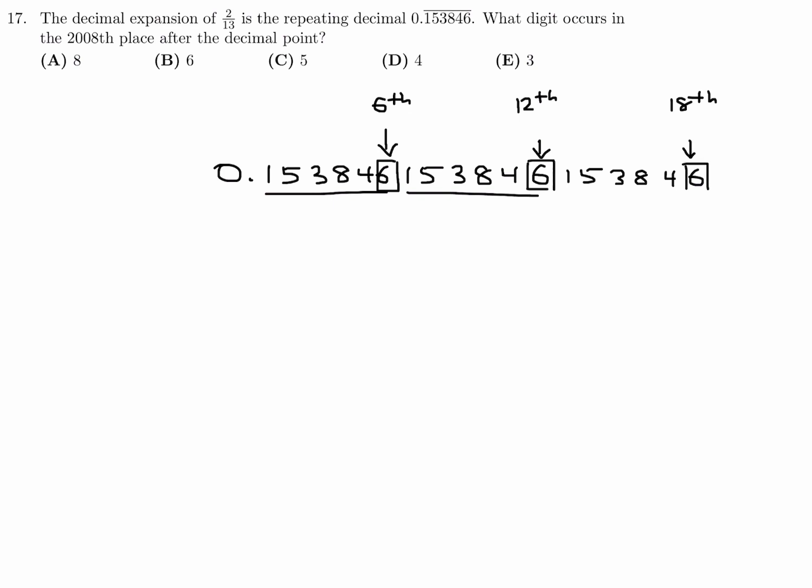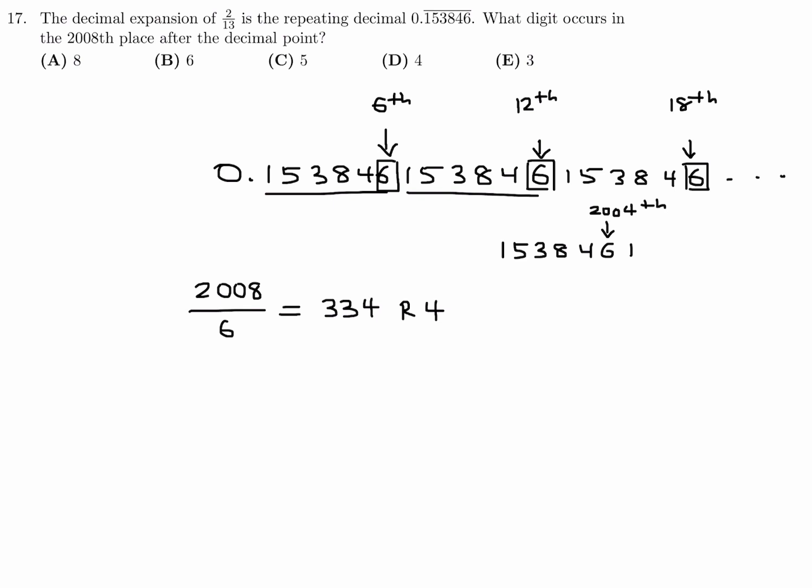So what I have to do is figure out, first and foremost, is 2008 a multiple of 6? If it is, that digit will be a 6. 2008 is not a multiple of 6. It's actually 334 with a remainder of 4. So that means that if you keep expanding this, eventually you get this scenario that the 2004th digit will be a 6 because 2004 is a multiple of 6.